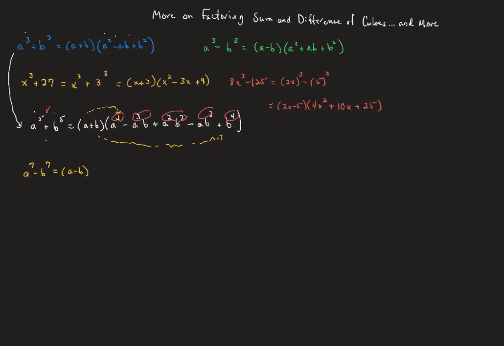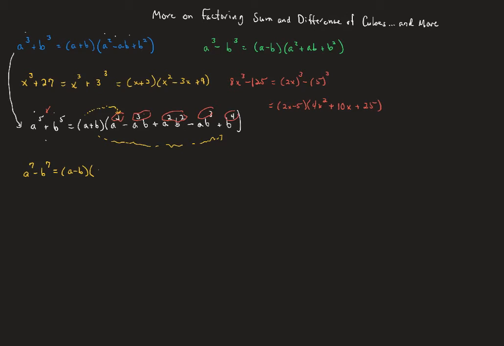It's going to match the signs of the original. Now I'm going to use the same idea as in a to the fifth plus b to the fifth. I'm going to go down in powers of a, up in powers of b, but in the case of the difference of two odd powers, all of these terms are going to be positive, as you saw in the green factorization of a cubed minus b cubed.